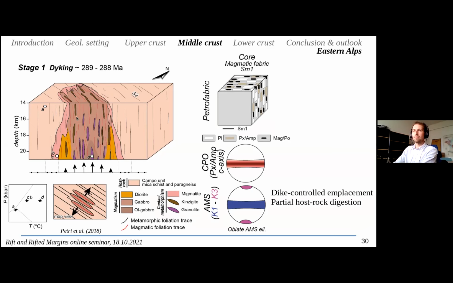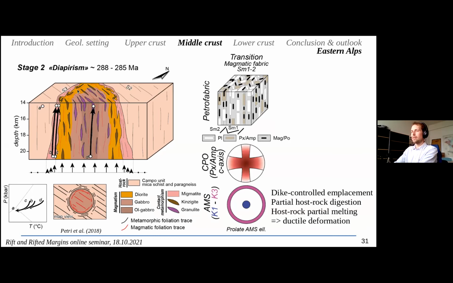And then we have the coalescence of several dikes that constitutes most of the core of the intrusion, whereas in the rim, we have a ductile aureole that characterizes the late stage of magma emplacement, indicating that in the first stage, we are controlled by dike emplacement, whereas in the subsequent stage, we have more ductile deformation of the host rock.